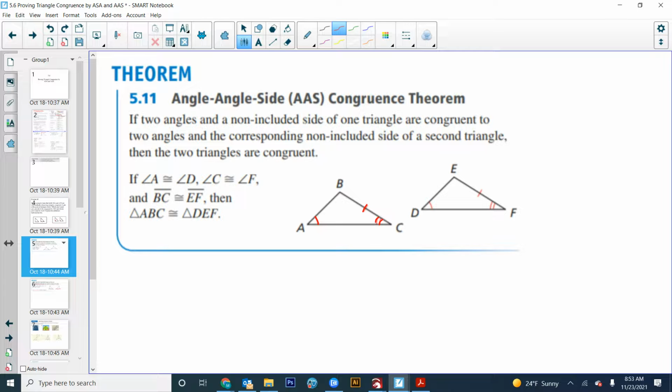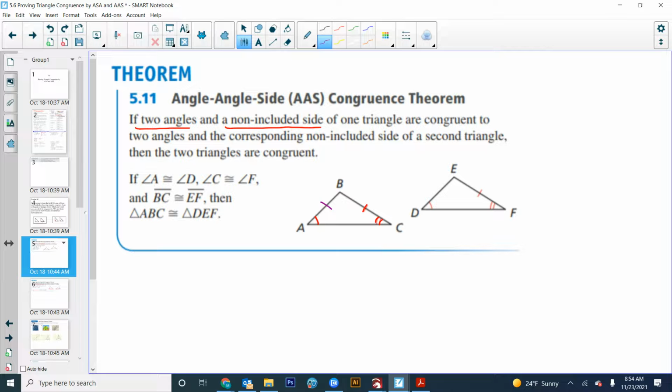All right, angle, angle, side. Angle, angle, side. You'll see words like two angles and the non-included side. The non-included side. So a quick question for you. See this tick mark right here? If I move the tick mark to over here in purple, is it still AAS? Yes.